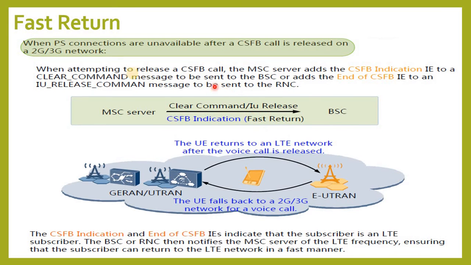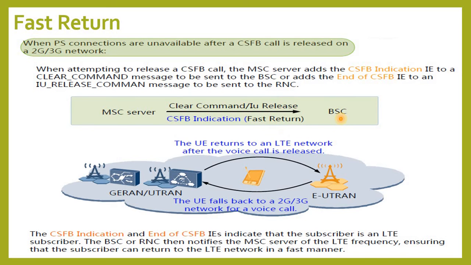What happens exactly is that whenever the PS connections are unavailable after a CSFB call is released on a 2G or 3G network, then when attempting to release the call, the MSC server adds the CSFB indication information element to the clear command message which is sent to the BSC, or in case of 3G, it adds the CSFB information element in the Iu release command, which is being sent to the RNC.